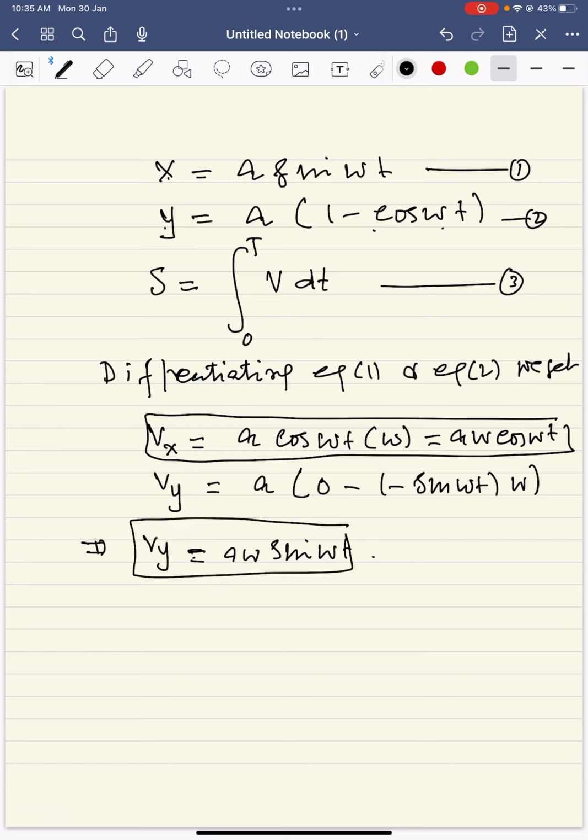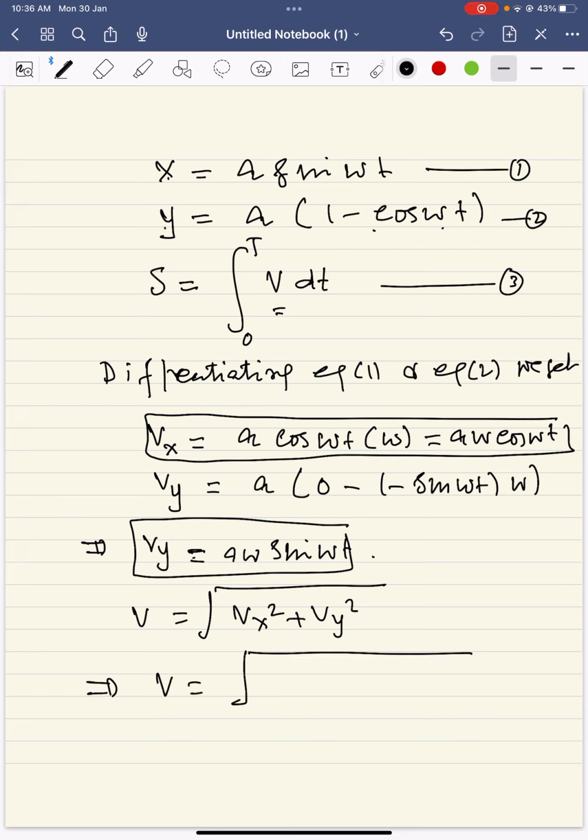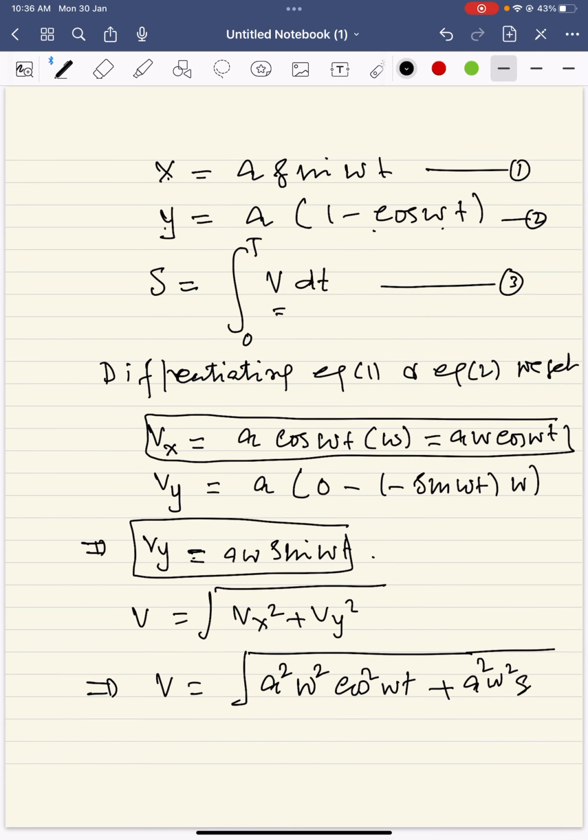Now what is v? The magnitude of velocity, v, is the root of vx square plus vy square. That is v equal to the root of a square omega square cos square omega t plus a square omega square sin square omega t.